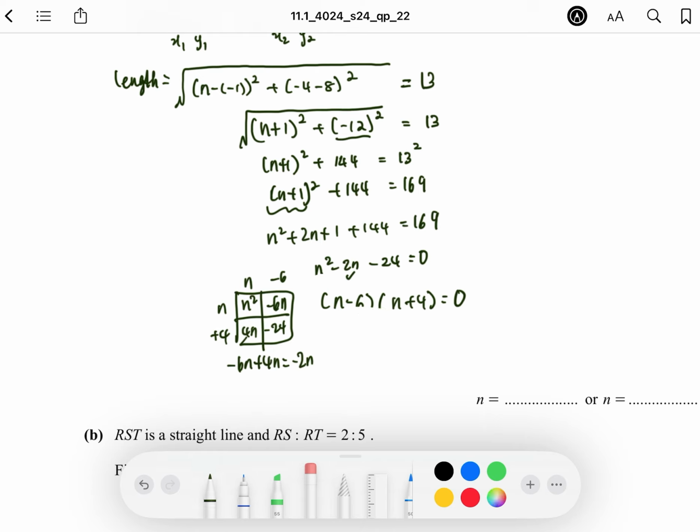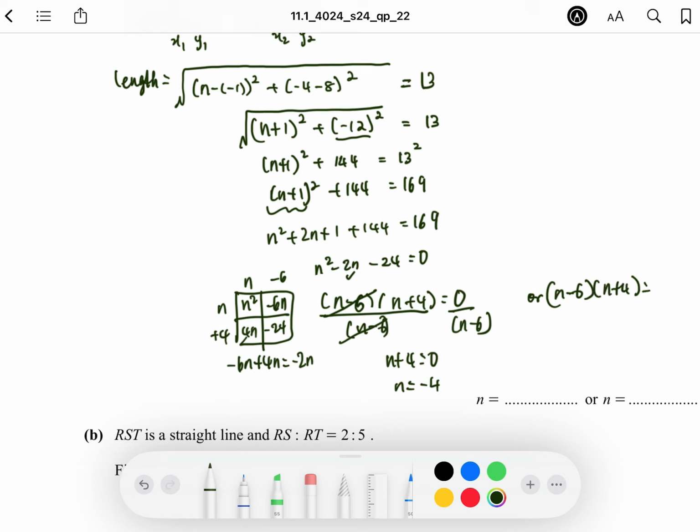or n plus 4 equals 0. To solve this, if we divide both sides by n minus 6, so n plus 4 equals 0, n equals minus 4, or we can divide both sides by n plus 4, so n minus 6 equals 0, so n equals 6.